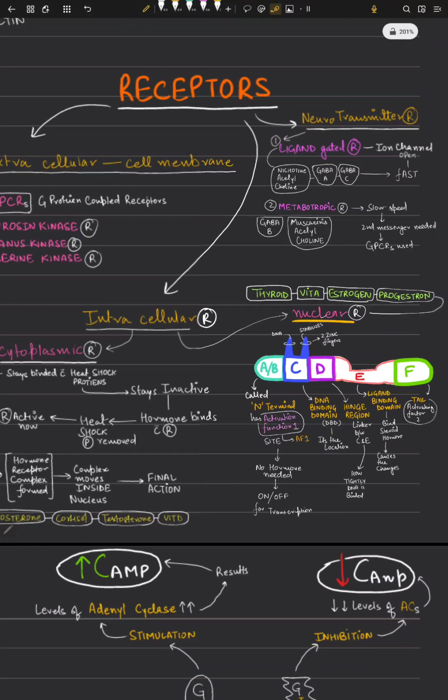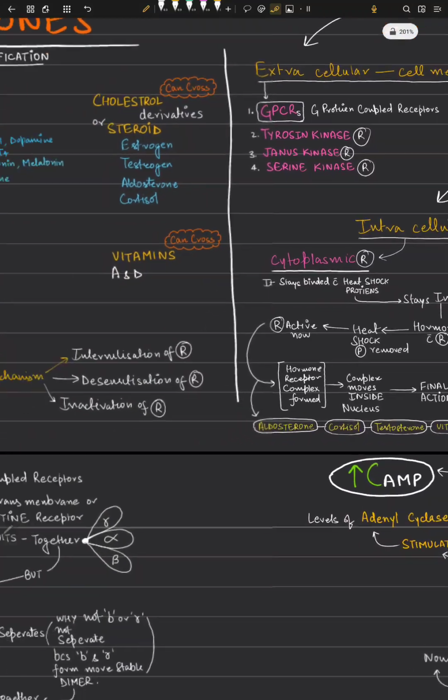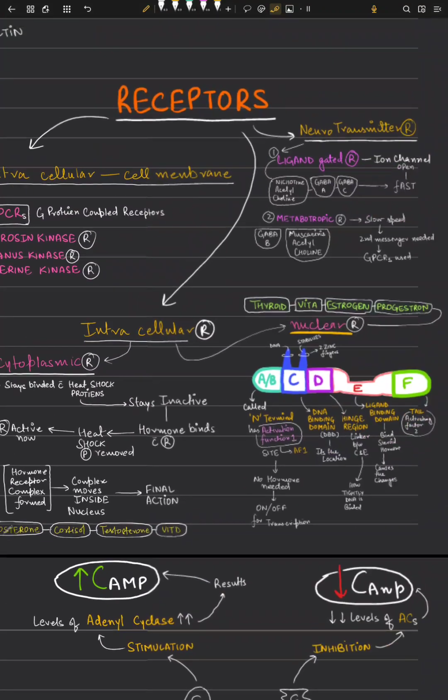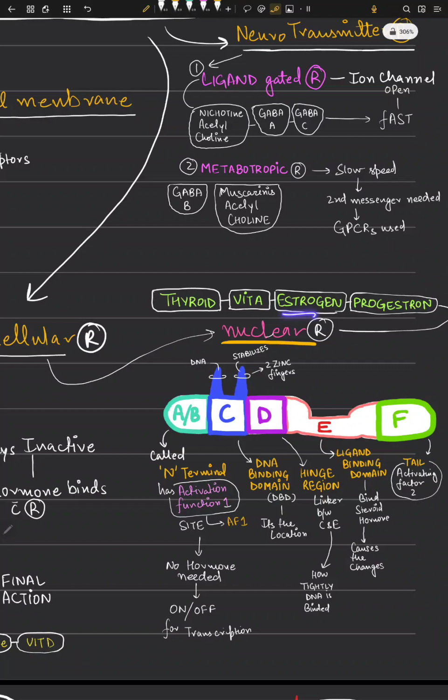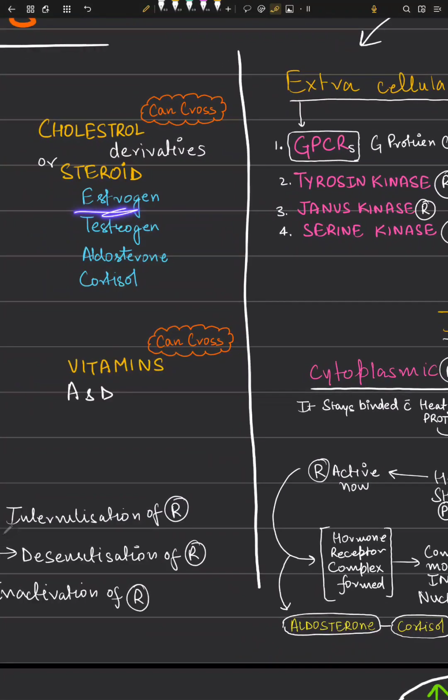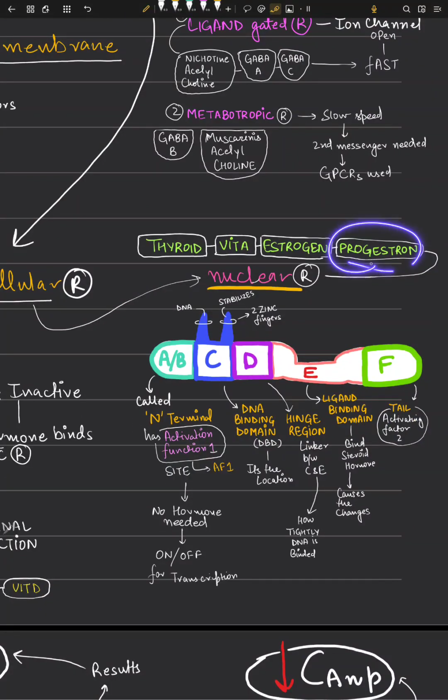Vitamin A jumps directly. Cool. Estrogen, this one. Progesterone, we need progesterone for your uterus. So all four of these hormones jump directly inside the nuclear membrane.